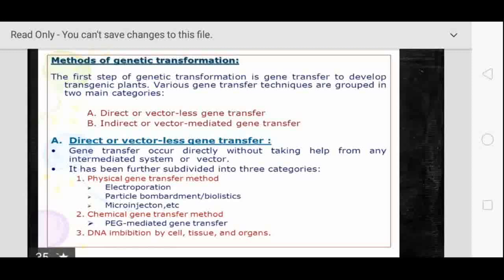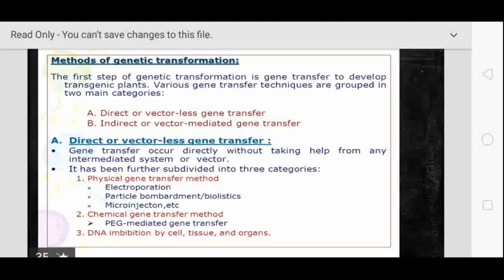There are two types of vectors commonly used. One is a direct vector and another is called an indirect vector. Direct vector, what does it mean? The alien gene or foreign gene of our interest is delivered into the host cell without using any kind of carrier or vector or agent.